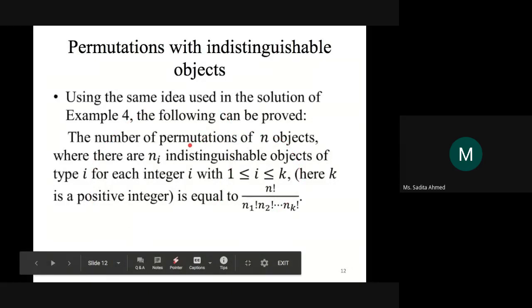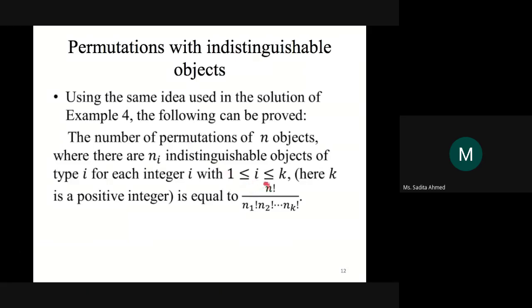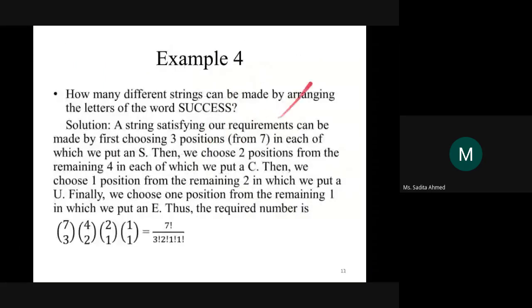Following the same idea, if you have n objects, if you have to count the total number of permutations, all right? A problem where order matters, arranging, so order matters.